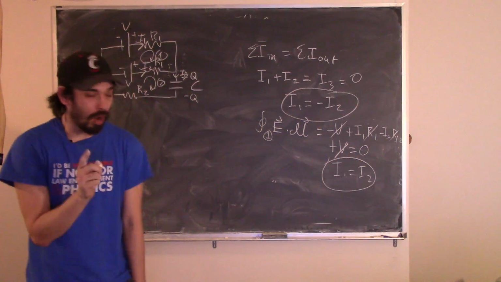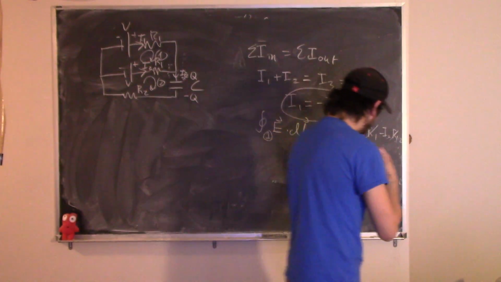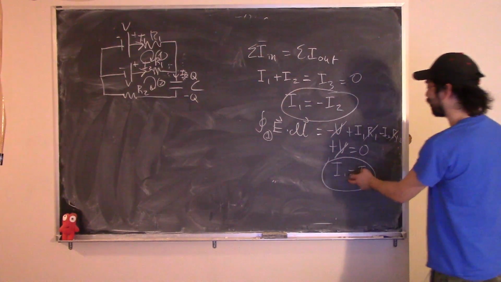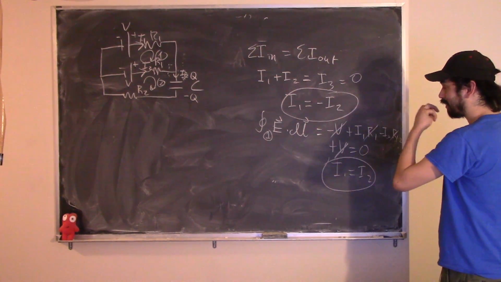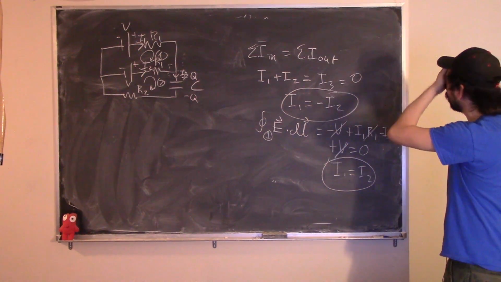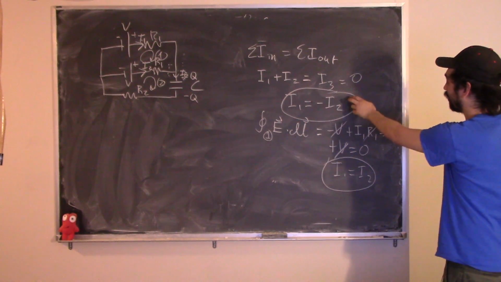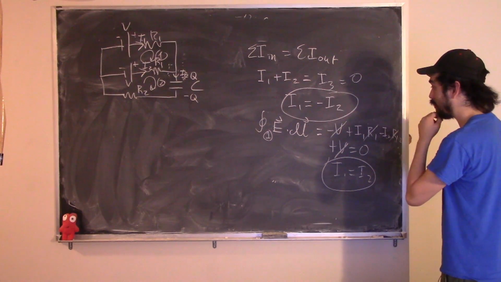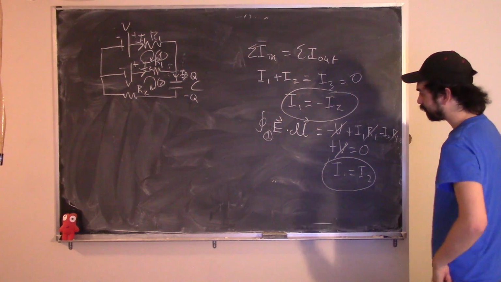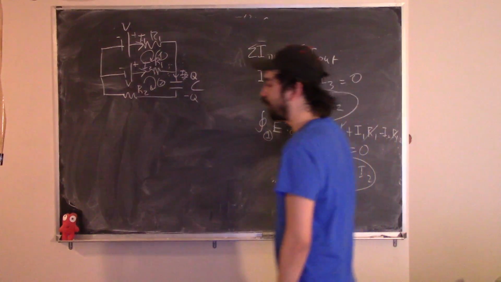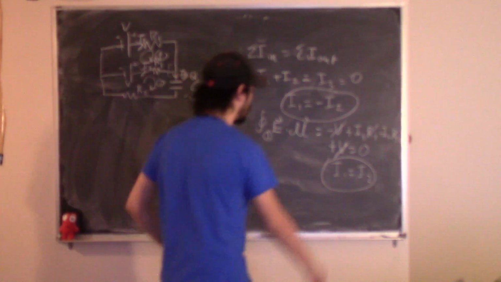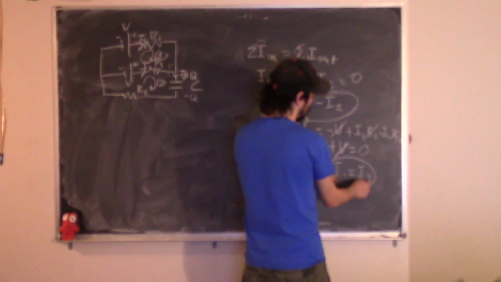There's only one very specific set of circumstances where this can be true. So think about it in terms of numbers. If you want to think there are numbers that can evaluate for I1 and I2, when can the number 4 be equal to negative 4? Right? Because this says this number is equal to that number.